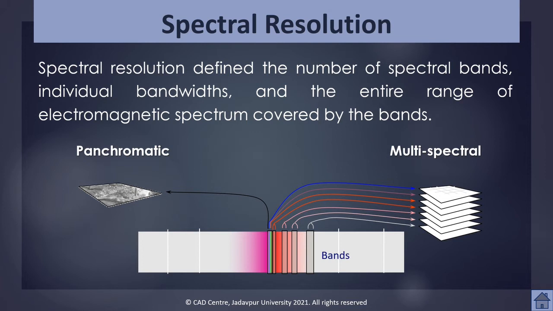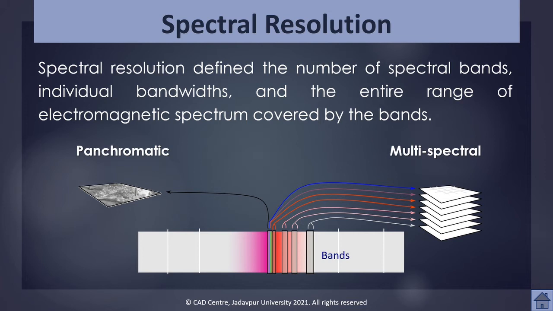Multispectral sensors have a higher spectral resolution than panchromatic sensors. Individual bands and their widths will determine the degree to which individual targets, for example, vegetation species, different crop species or different rock types, can be discriminated on a multispectral image.